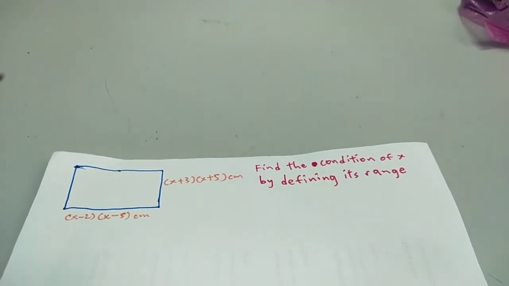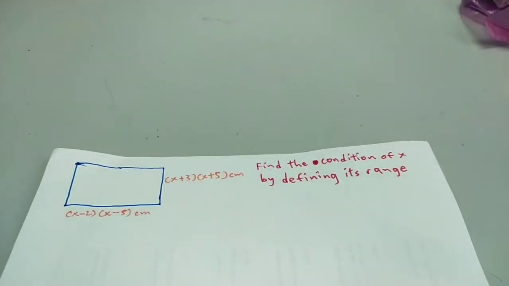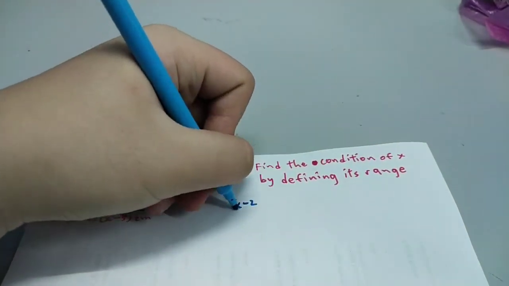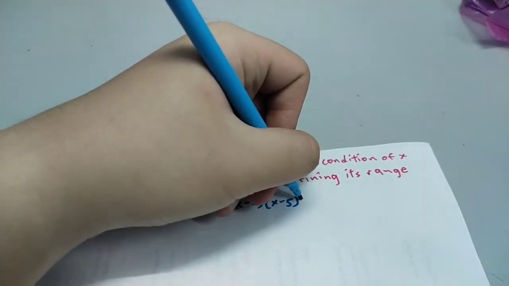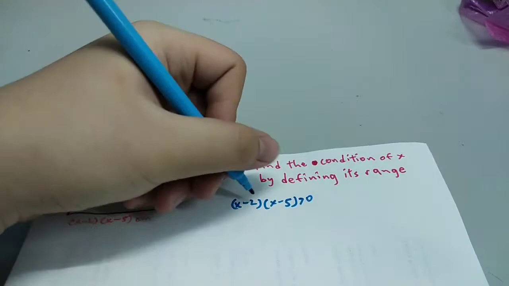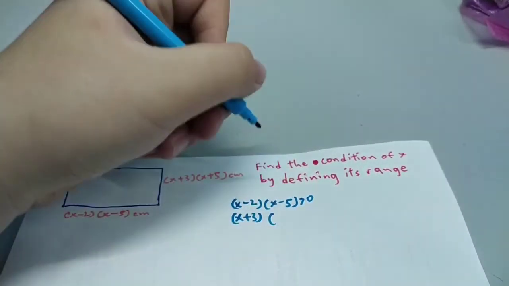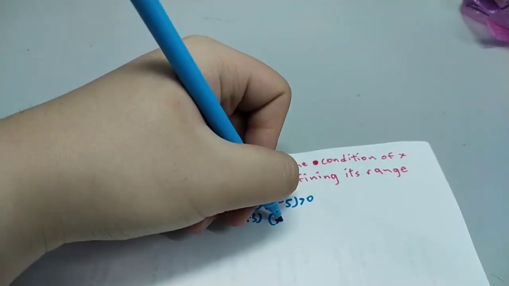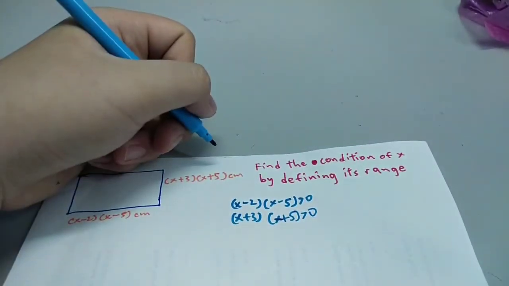The first part is that I want the length and width to be positive, which means that (x − 2)(x − 5) is bigger than 0, and (x + 3)(x + 5) is bigger than 0.